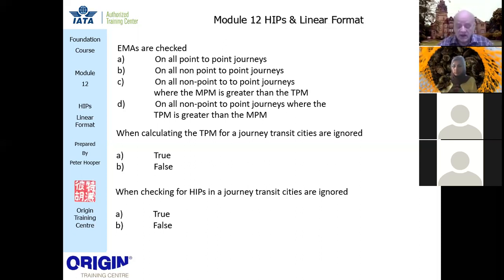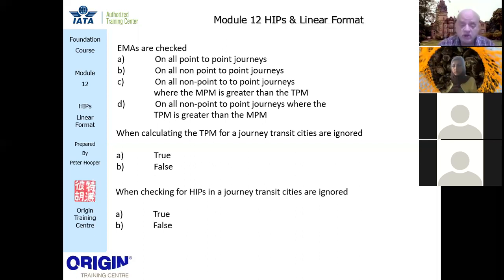If a journey is point to point, is it possible for the TPM to be bigger than the MPM? No. In that case, no point checking EMAs. Do you understand that point? Yes.